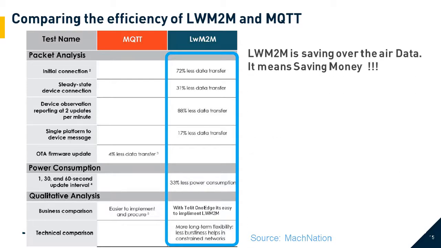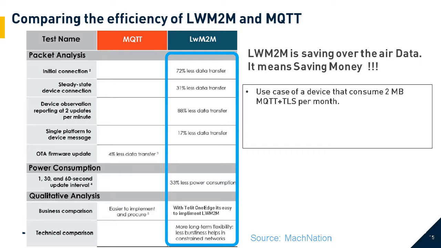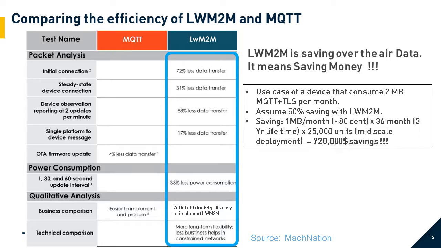This is extremely important when we try to look at building a large-scale IoT solution, so reducing your data plan. If we look at a typical use case, let's assume conservatively that we're talking about a 50% savings. Then on a deployment of 25,000 units, that could be $720,000 in annual savings.